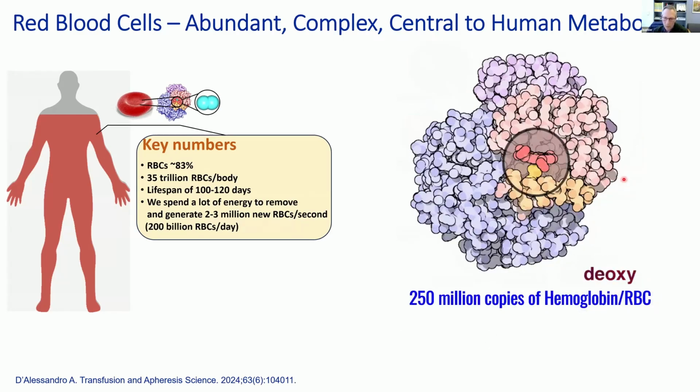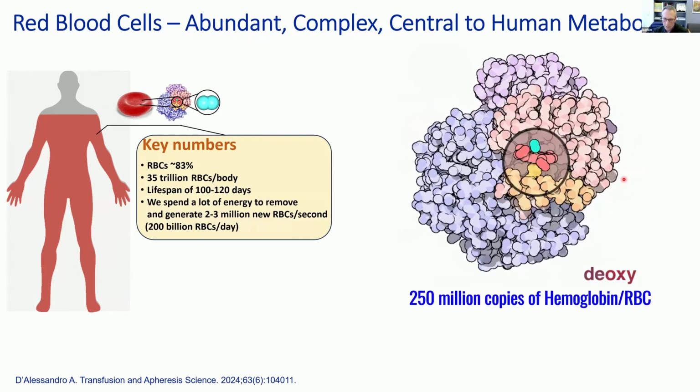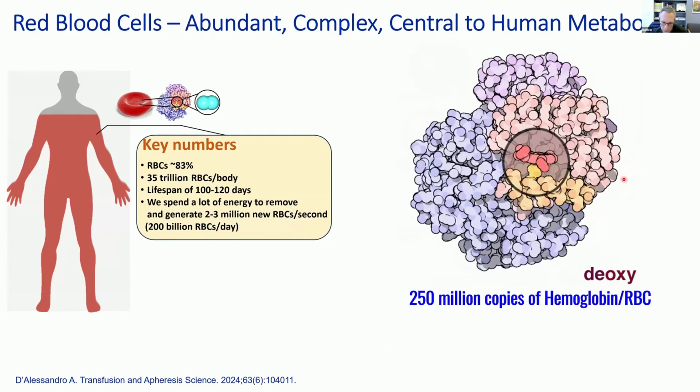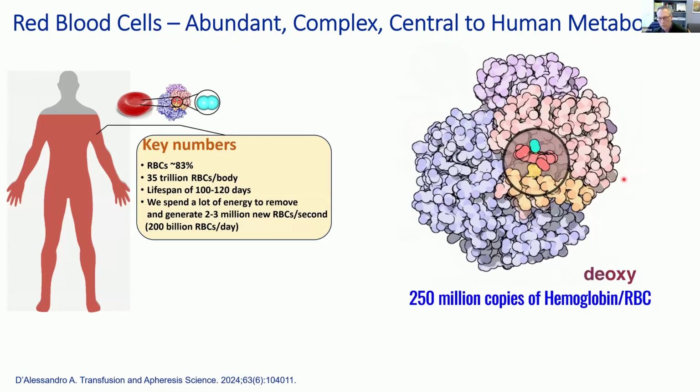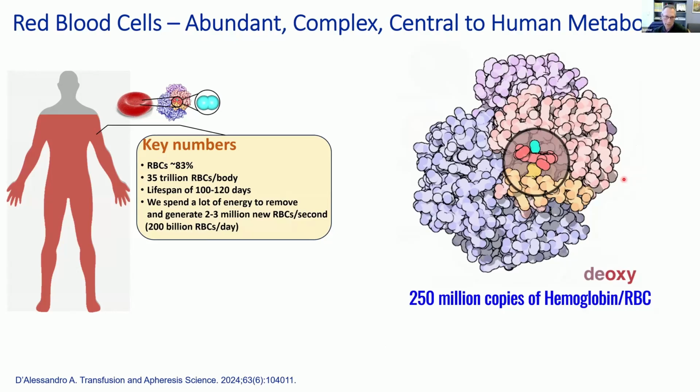And of course, the main function of red cells as far as transfusions is to carry and deliver oxygen. There are approximately 250 million copies of hemoglobin within a single RBC.